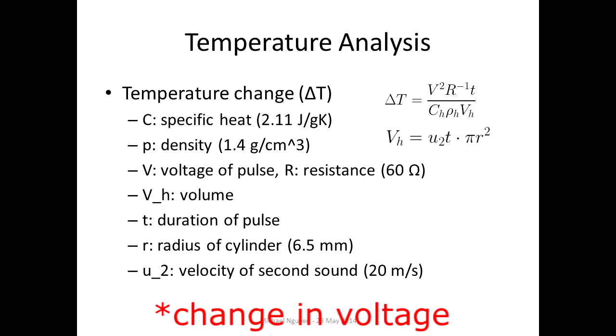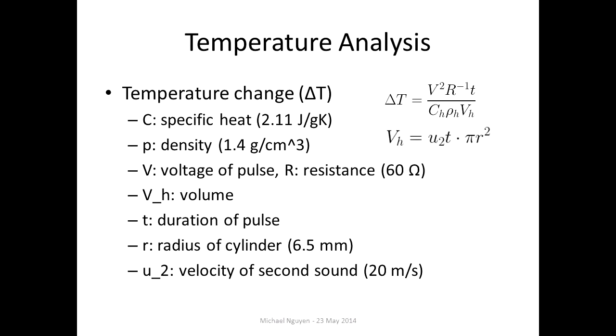In order to determine the actual temperature of the pulse that's going through, we use the formula. The change in temperature is equal to the energy determined by Kirchhoff's law, which is V squared divided by R times the length of the pulse, divided by the specific heat of the helium, the density of the helium, and the volume of the chunk being heated.